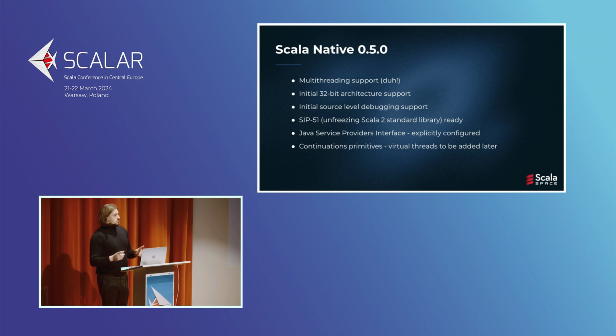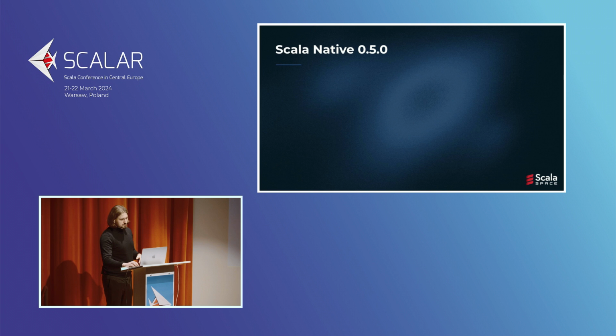Last but not least, we also now have continuation primitives. These were designed by Nguyen, who has a talk after the next break, and he will show you some insight into how they might be used in the Gears project, because these are powering their version for Scala Native.